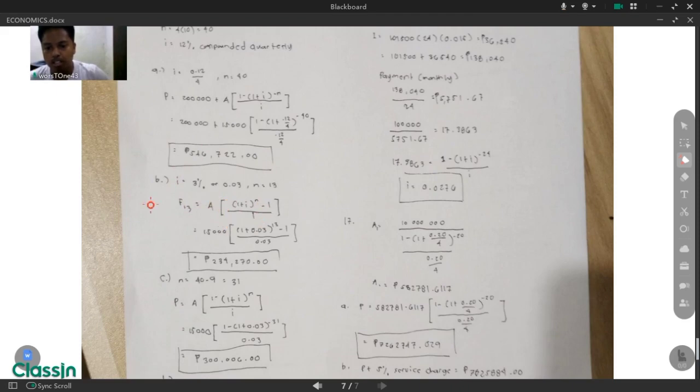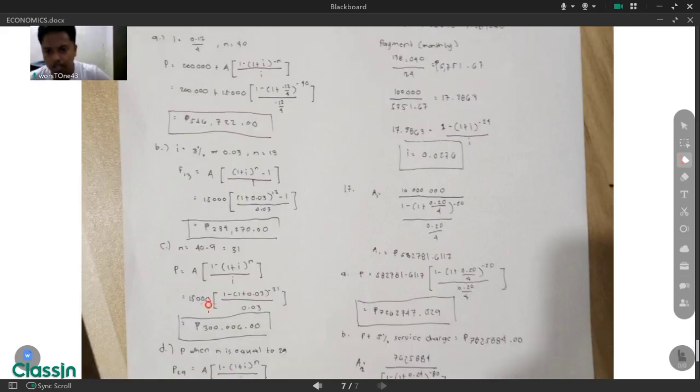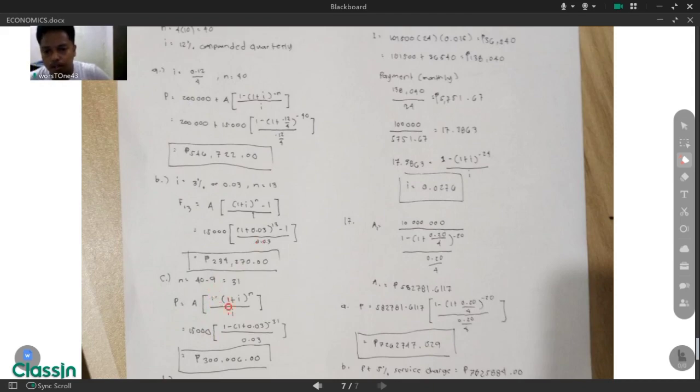For the present value, it is 1 minus (1 + i) to the negative exponent, while right here is a positive exponent, then minus 1. It's just interchanged. Which yields a result of 234,270 pesos. So that would be his payment for the 13th payment if he missed 12 payments.